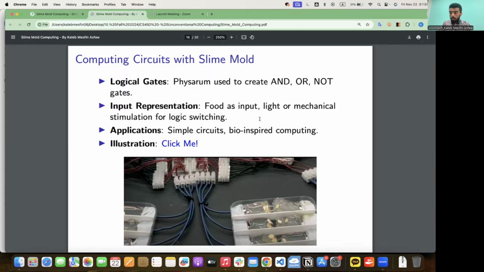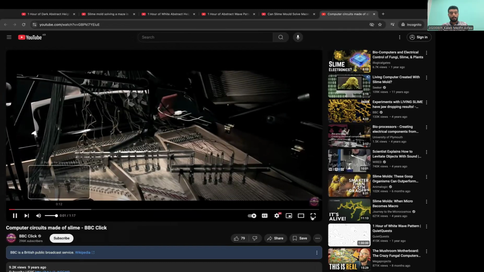Food will be given as an input, along with light and chemical stimuli, and scientists study how the slime mold responds to simulate the logic gates. So for a detailed illustration, let's see this video.